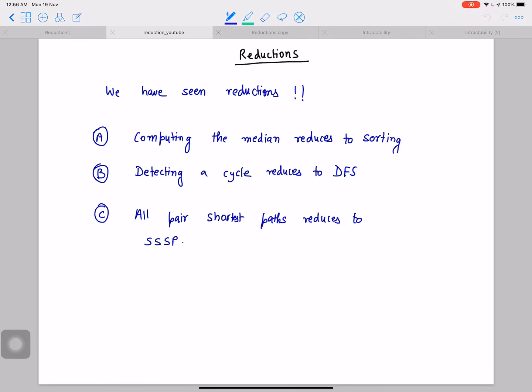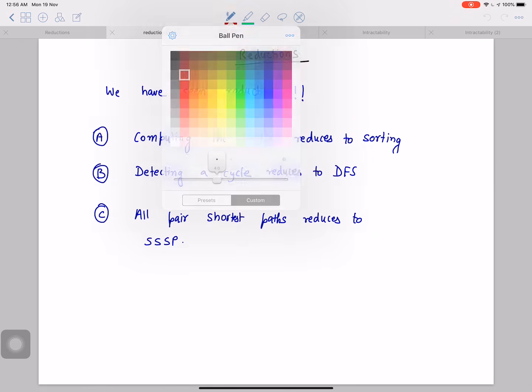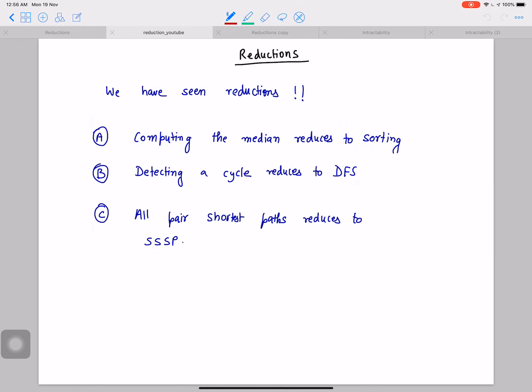Reduction is not something very new. We have already seen reductions so many times. Let me give you an example. If I say that computing the median reduces to sorting, that means if you know an algorithm for sorting, you can use it to compute your median.